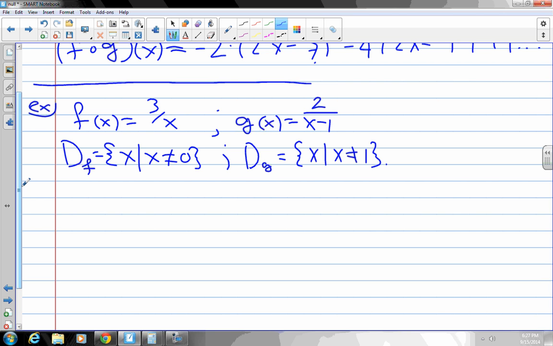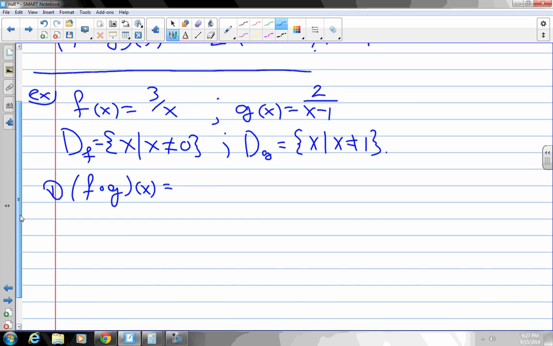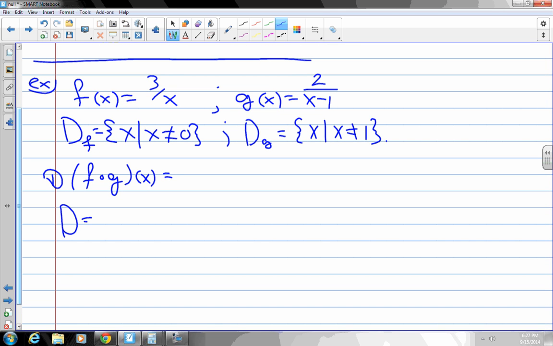Now, before we move any further, let's talk about f of g, and let's find the domain of f of g before even computing f of g. Because the way we defined the domain of the composition function, first of all, it has to be the domain of whatever the inside function is.